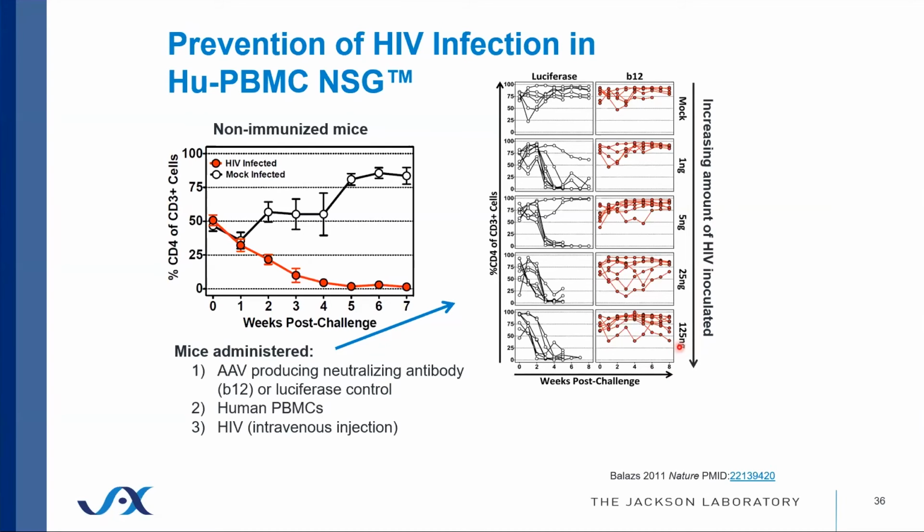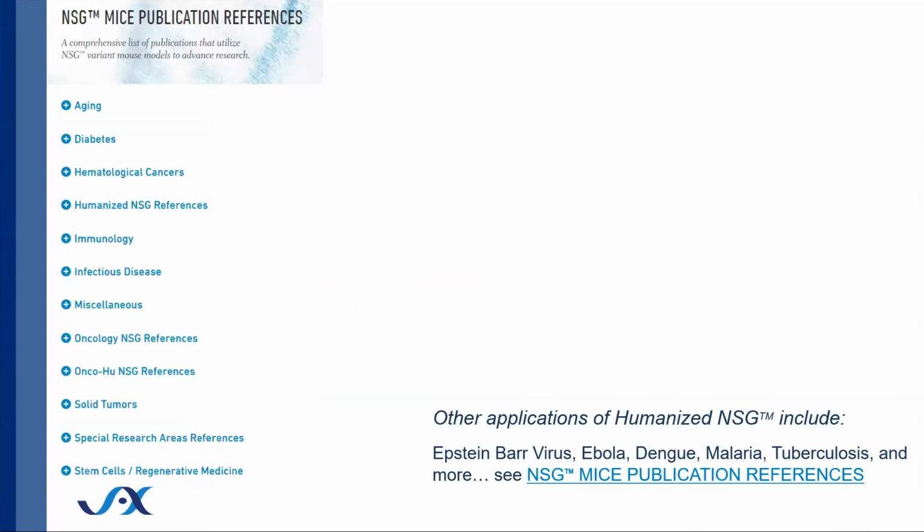So this set of experiments further validates the PBMC humanized NSG as a useful preclinical model for testing the efficacy of new anti-HIV therapies. There are other applications of humanized NSG mice in the field of infectious disease research, including EBV, Ebola, dengue, malaria, tuberculosis, and more. And so I would suggest that you click on this link.